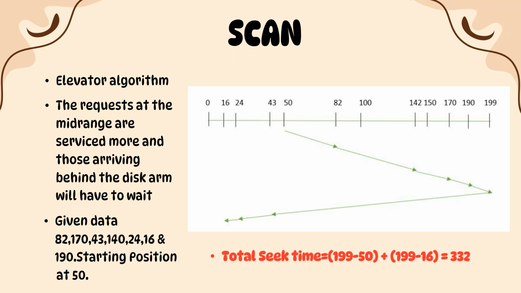From 50, the next largest value is 82, so the head moves from 50 to 82. After that, the next largest is 140, then 170 and 190. After 190, it will go to the other end, which is 199. Then only it will be reversed.